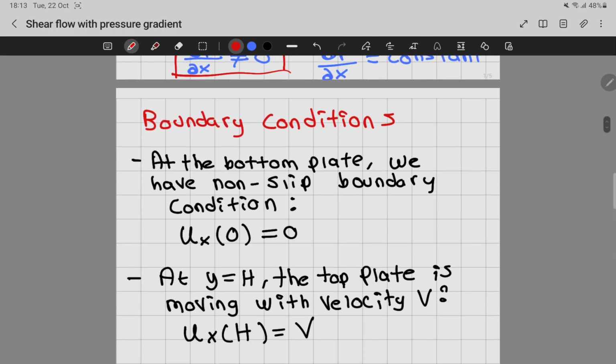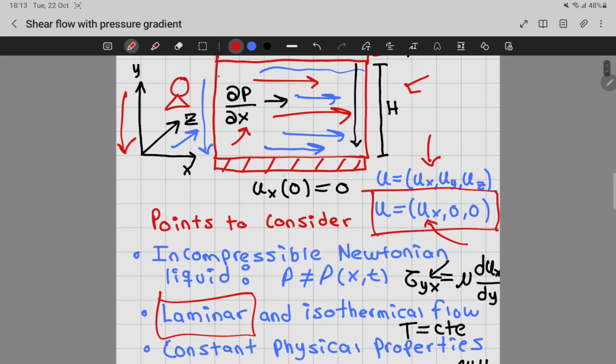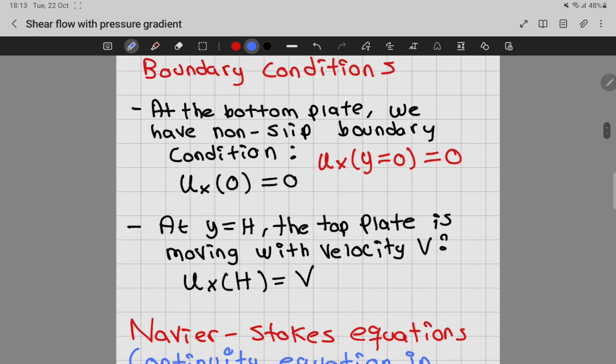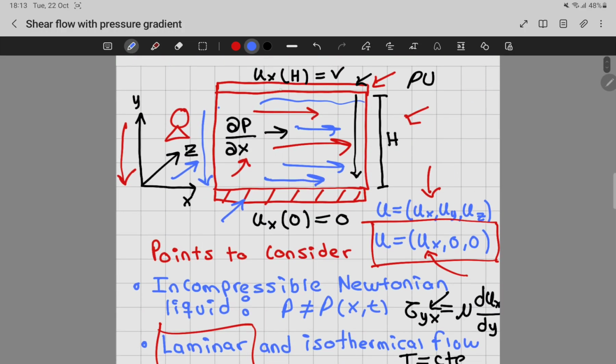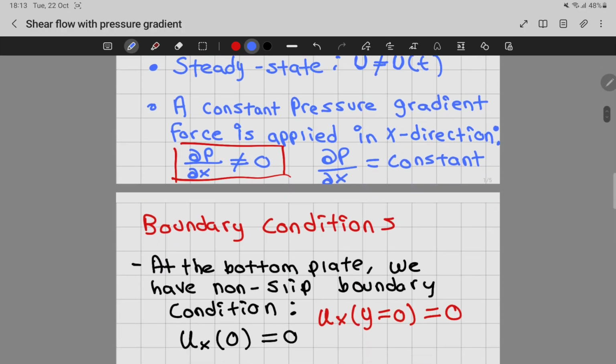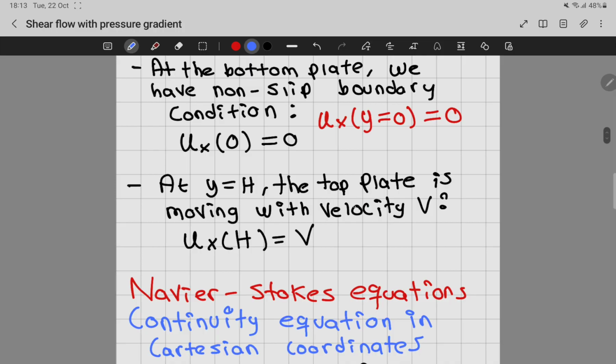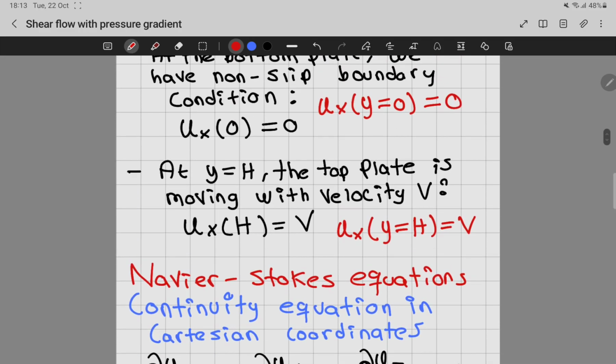So that means that when y is equal to 0, the velocity is going to be 0, which is the condition we specify here. Now at the top plate, when y is equal to h, the top plate is going to move with a velocity uv. So that means that ux when y is equal to h is going to be uv. We will use these values later.